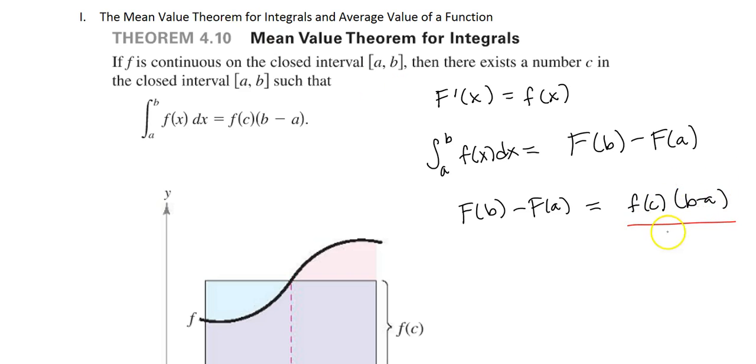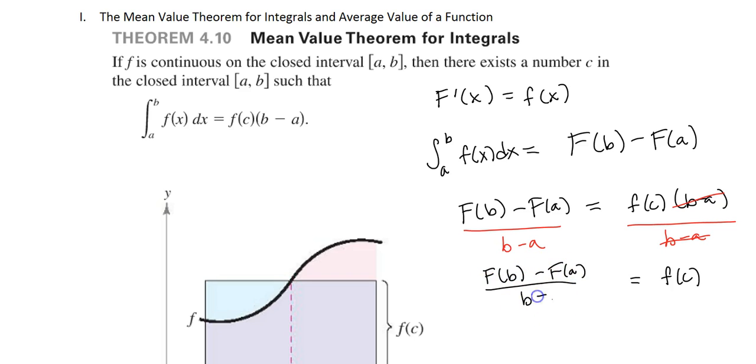and then divide both sides by b minus a, I would get that little f of c is equal to F of b minus F of a over b minus a. And we know that capital F prime of c is equal to f of c.